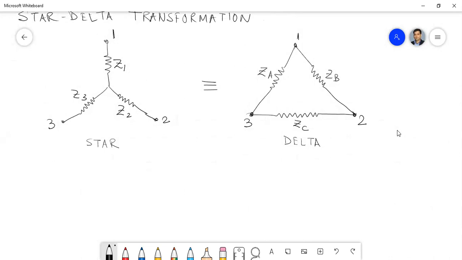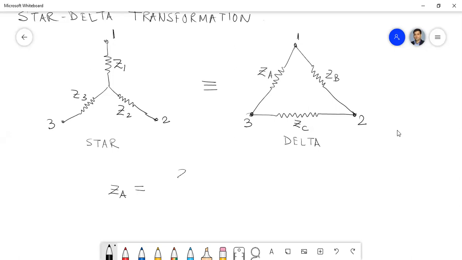Okay, so let me write the expression, then I can go for the proof. First, let me write the expression. Suppose if I want to equate this ZA, what will ZA be equal to?